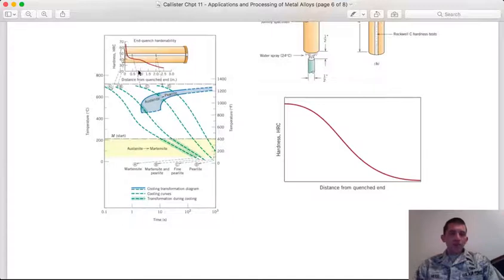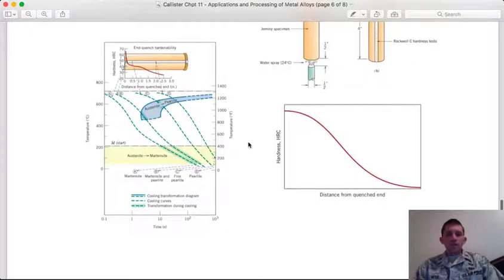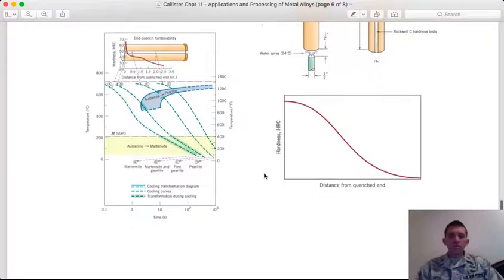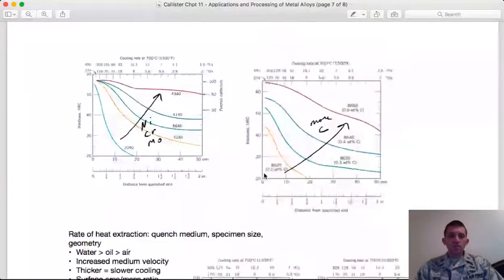As you go further back, you cool down slower and pass through this region where you're forming pearlite from the austenite, and that is indicative of this decrease of hardness. Remember, pearlite is a relatively ductile phase, and so as you move away from the end, you reduce the hardness.